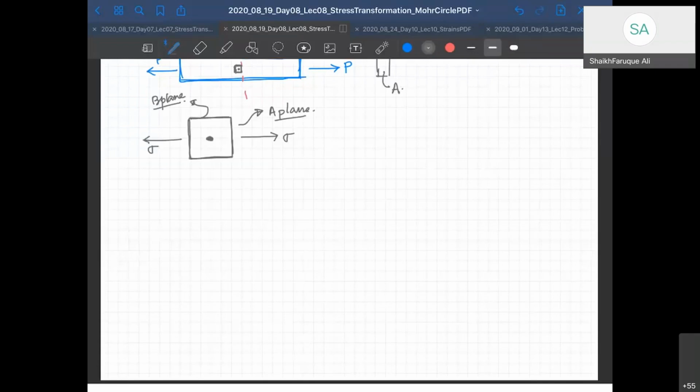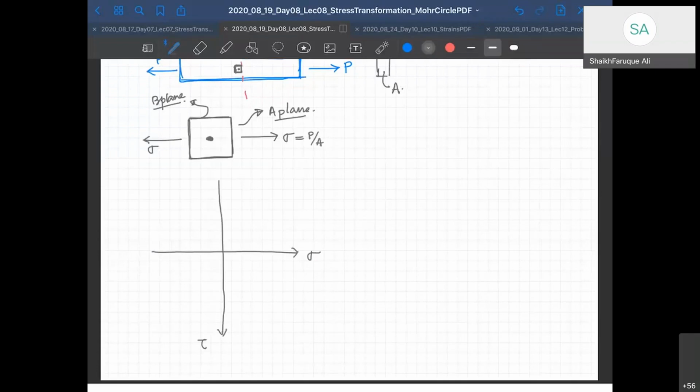So let's draw the Mohr circle. So this is the line. Let's say this is my sigma axis and this is my tau axis. Positive tau here, positive sigma here. And this is my sigma, right? I'll write it as P by A. And the plane has zero shear stress, right?